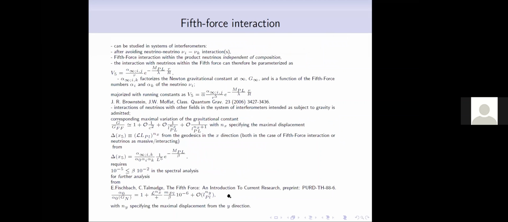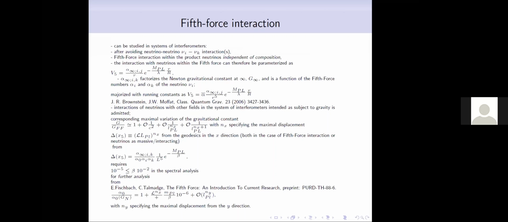So it's possible to consider also a kind of fifth force interaction, which can be studied for neutrinos, and they can be parameterized by studying systems in interferometers and without postulating neutrino-neutrino interaction, but only fifth force contributions.